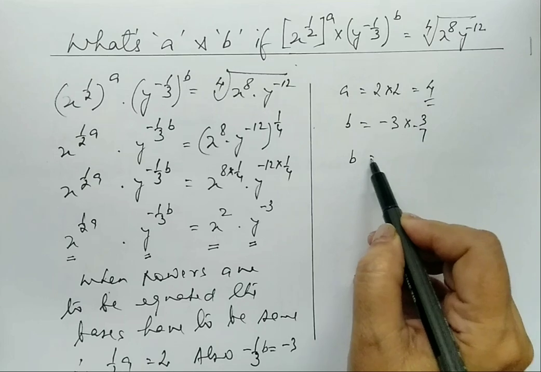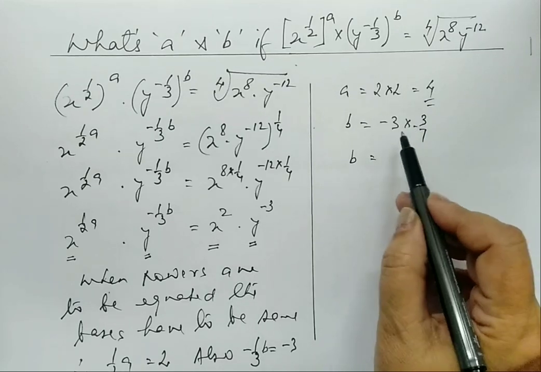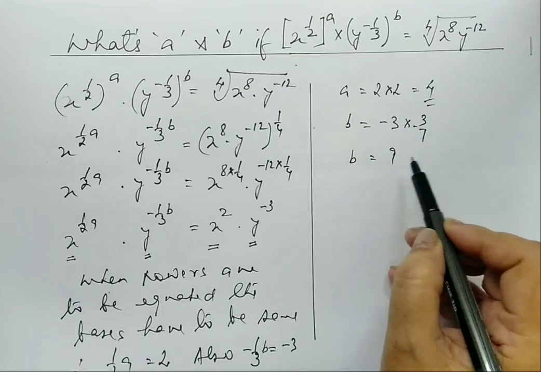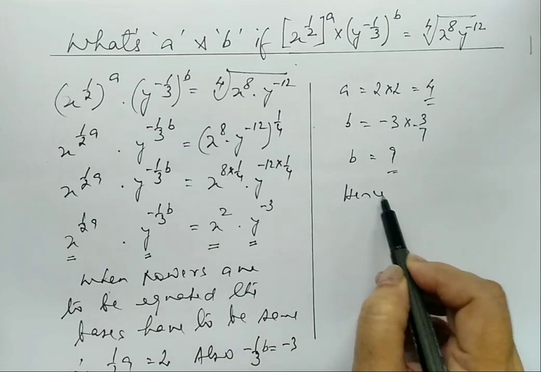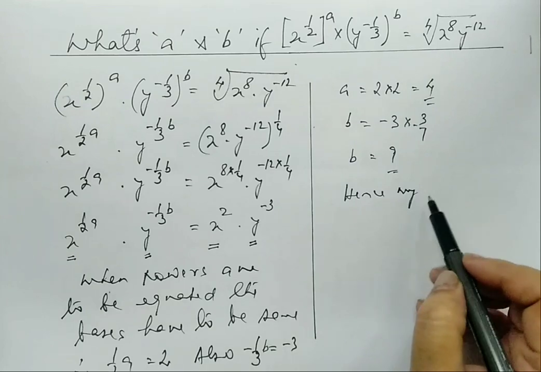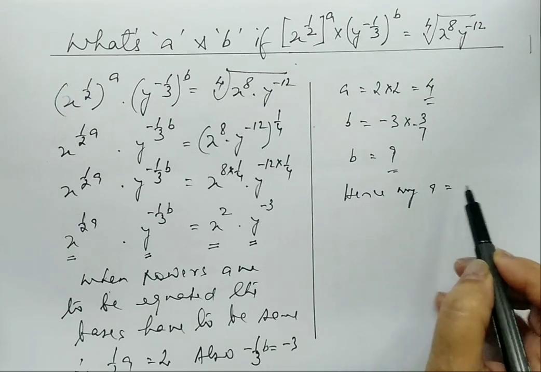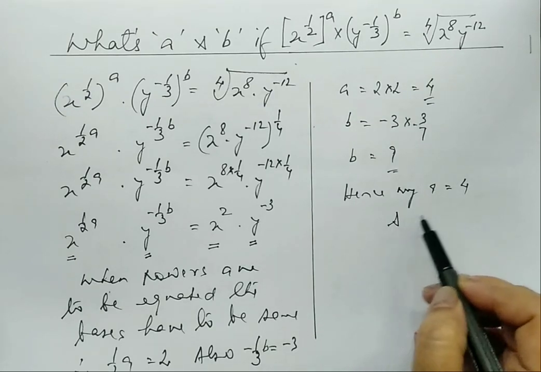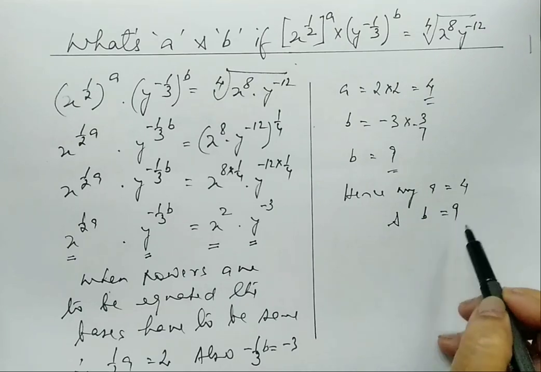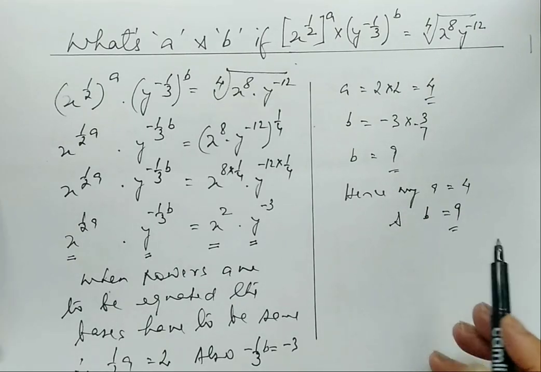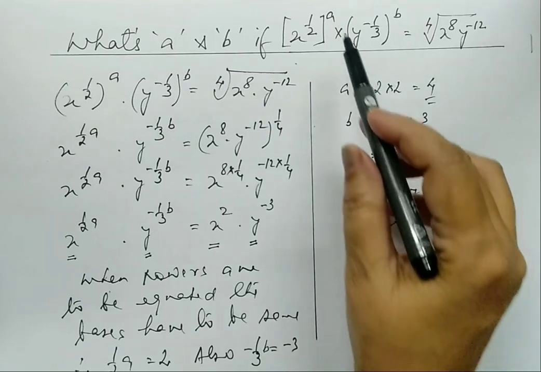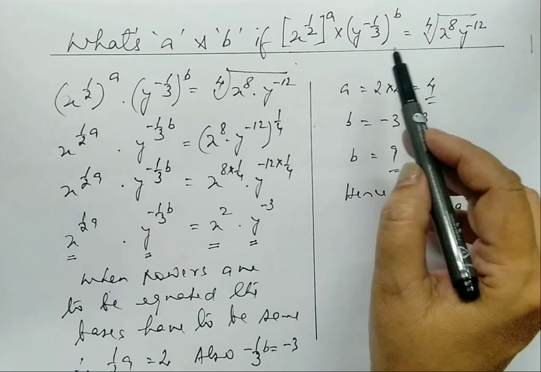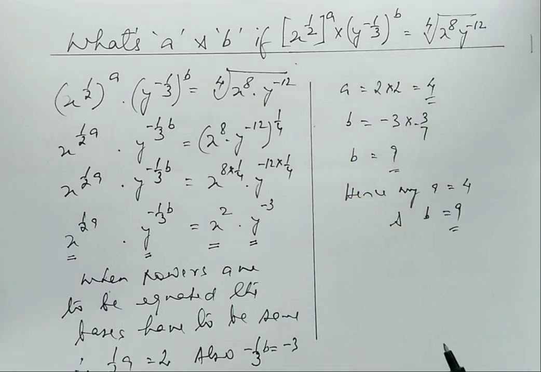Which means b is equal to minus minus, plus, that is 3 into 3, 9. Hence, a equals to 4 and b equals to 9. Alright guys, so this is our answer, and if you substitute here, you will see that left hand side will be equal to right hand side.